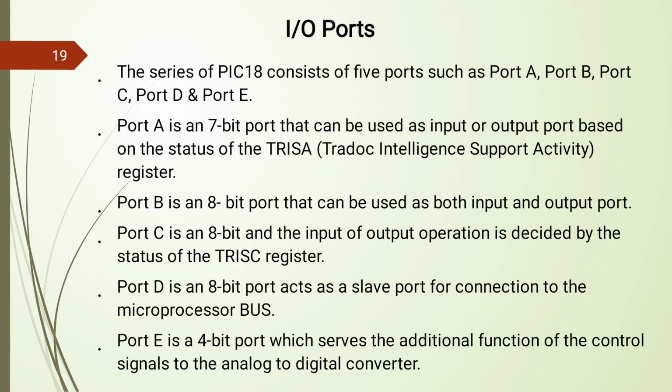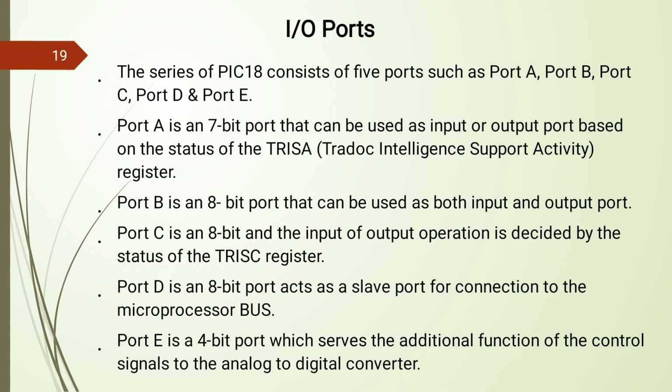After that, we see the ports. As we discussed in the architectural diagram, PIC18F consists of 5 ports: port A, B, C, D and E. Port A consists of 7 IO pins, RA0 to RA6, and all the pins act as input as well as output pins.